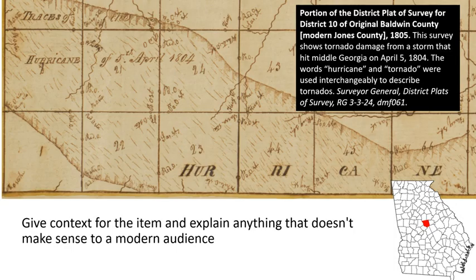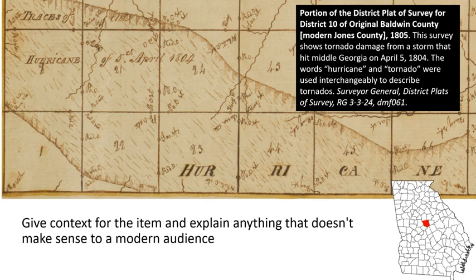One thing you should do is explain anything that won't make sense to a modern audience. For example, this 1805 land survey shows the path of storm destruction. On the survey, they have this labeled Traces of Hurricane of April 5th, 1804. Now, the survey was made in middle Georgia. It's far inland, away from the coast, and it shows the path of the storm running in like one wobbly line of destruction.